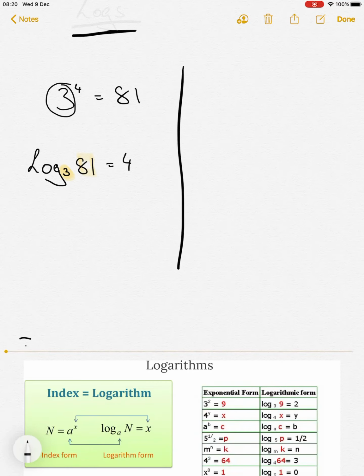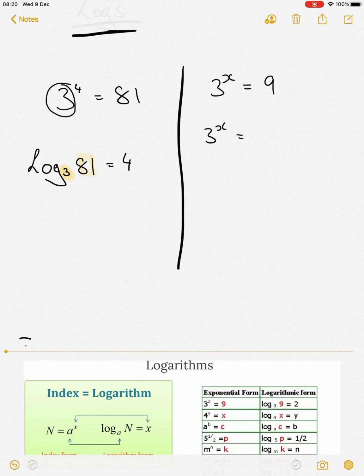But if you had 3 to the power of x is equal to 9, well, we remember doing it with indices, and we said 3 to the power of x is equal to 3 to the power of 2. When the base numbers are the same, the powers must be the same as well. So x equals 2. That's an easy enough solve.